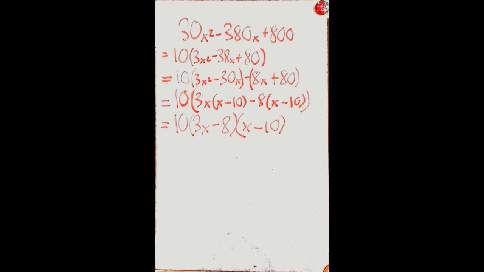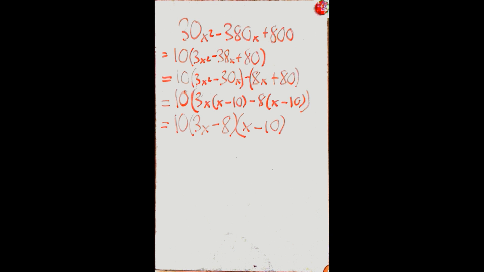In this case it is 30x and 8x, so the expression has to be written as 3x squared minus 30x minus 8x plus 80.